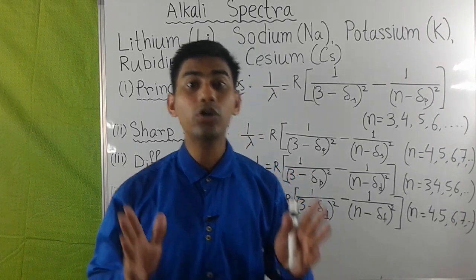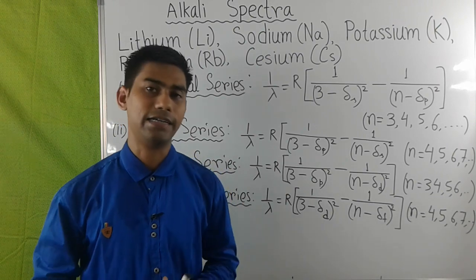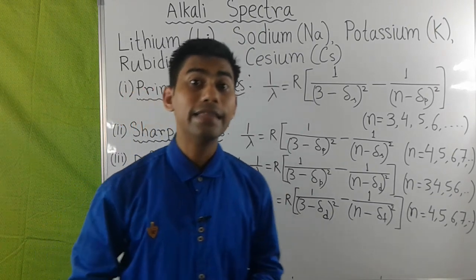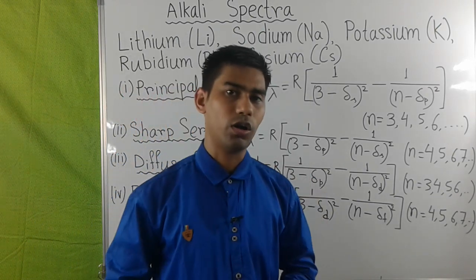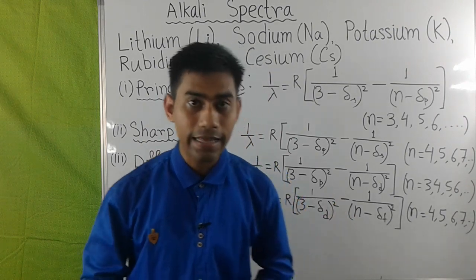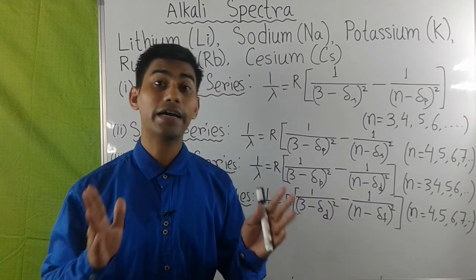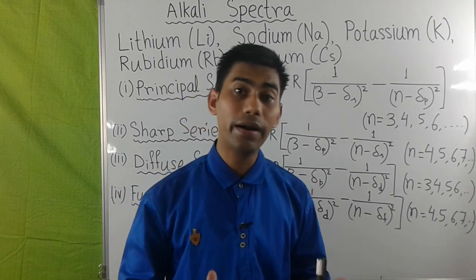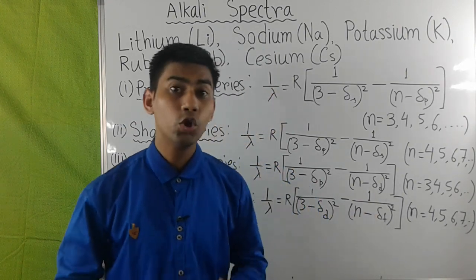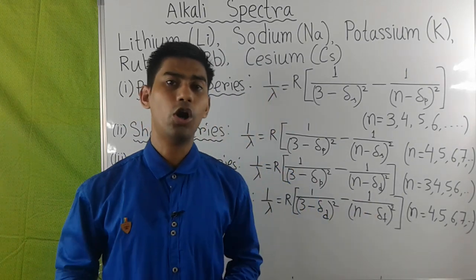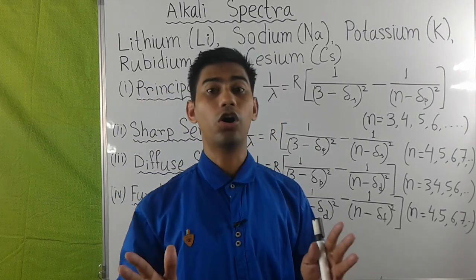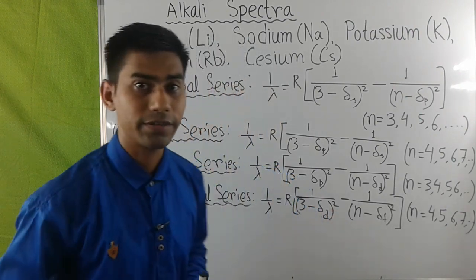So these electrons form a stable structure, and the single s electron in the outermost shell is responsible for the chemical and optical properties of the atom. So this electron is called the valence electron or optical electron.